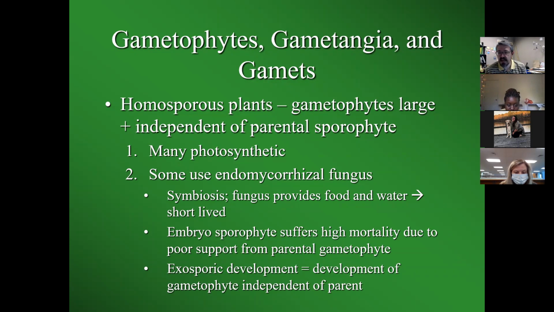Okay, there's a high mortality rate for the poor little sporophyte embryos, and it's because you've got exosporic development. The gametophyte is independent of the parent, so because they're relatively separate from one another, they don't get a lot of protection. Gametophyte to sporophyte, sporophyte to gametophyte.